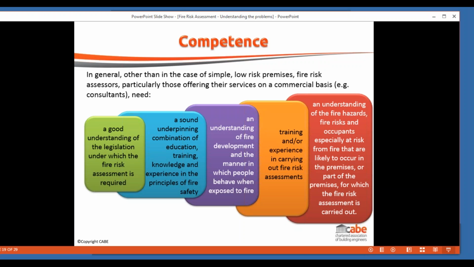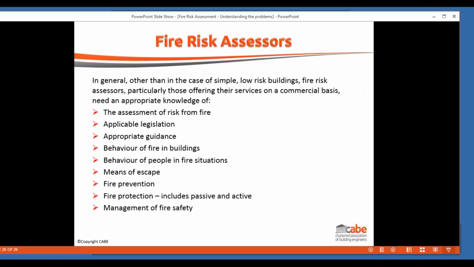An understanding of how fires behave and how they're going to grow, an understanding of how to do a methodical fire risk assessment, and critically, being able to identify the potential hazards that could lead to a risk to the occupants. So in offering the service, the client needs to be reassured that you are competent to do so.